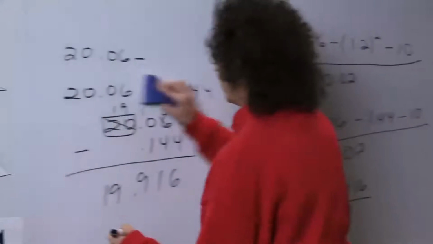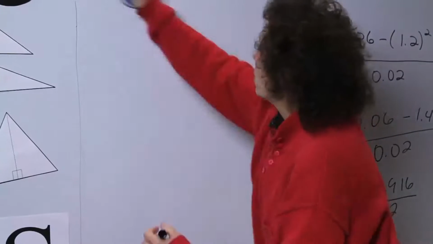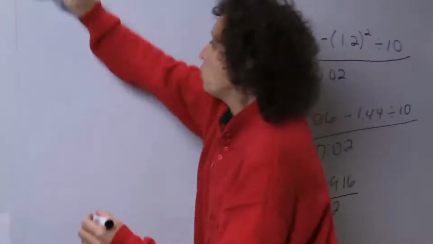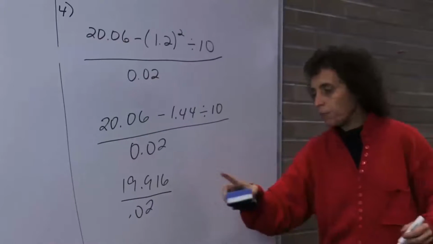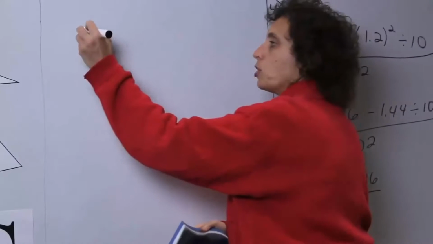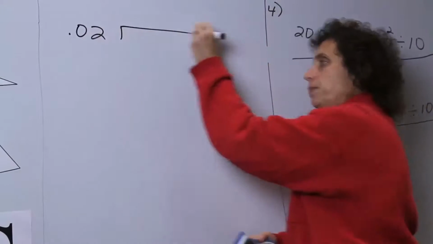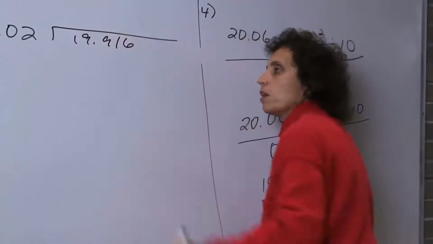Oh, dirty monkeys. I'm thinking I'm going to do short division here. You can do long division, but I'm thinking I'm going to do short. Let's see why. It's 19.916 divided by 0.02. This is going to go really quick. I'll show you why. So 0.02 is on the outside, 19.916 inside.